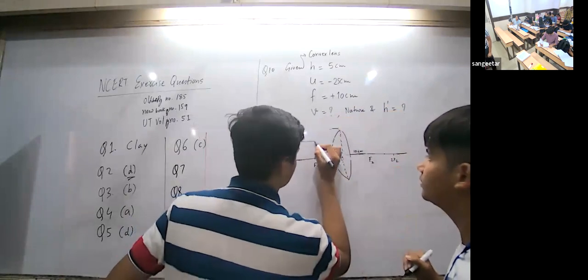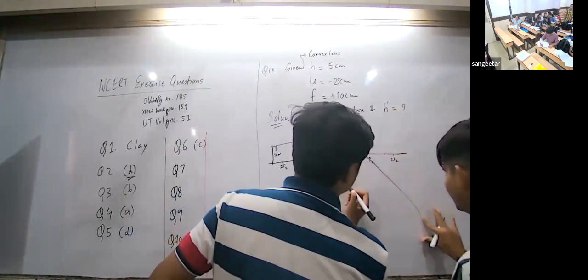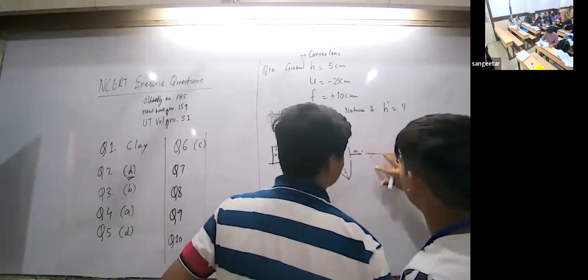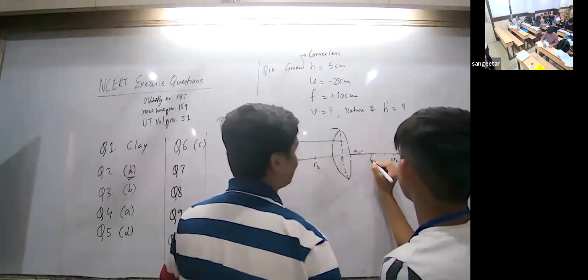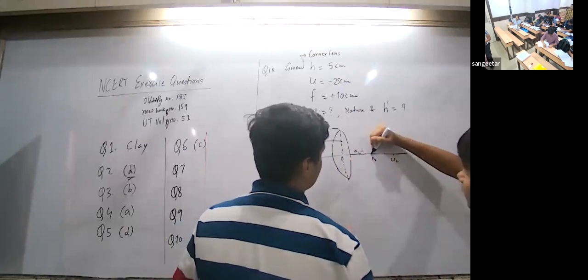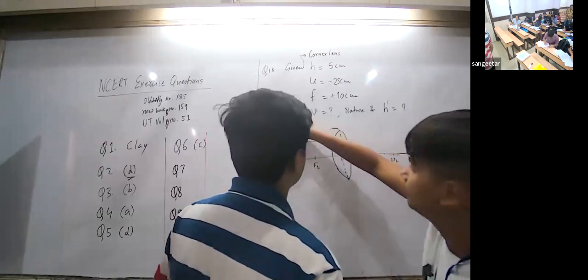Follow all the symbols properly. u is minus 20. f is the focal length, equal to plus 10 centimeters. Read the book and write, you have to do it yourself. Please do not copy it from the board as it is. Read the book and try to get those data.